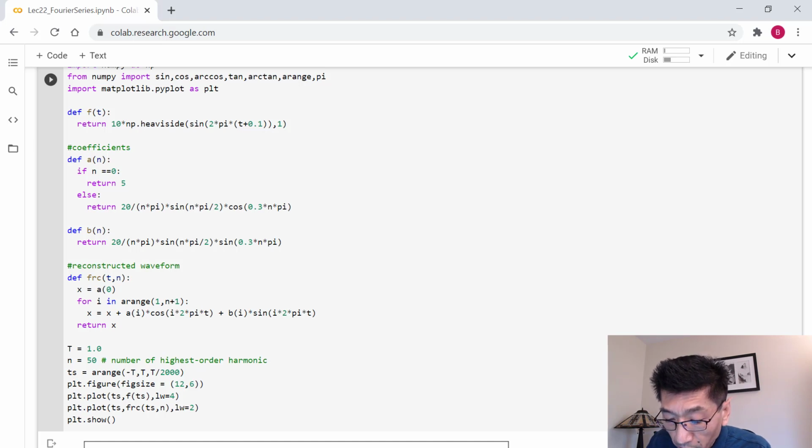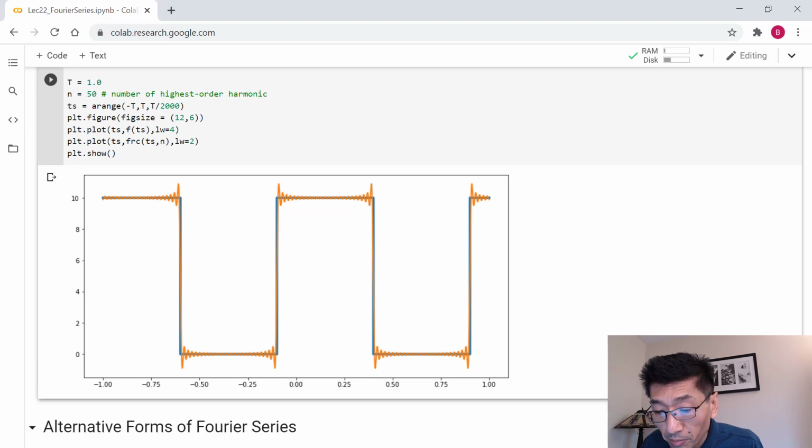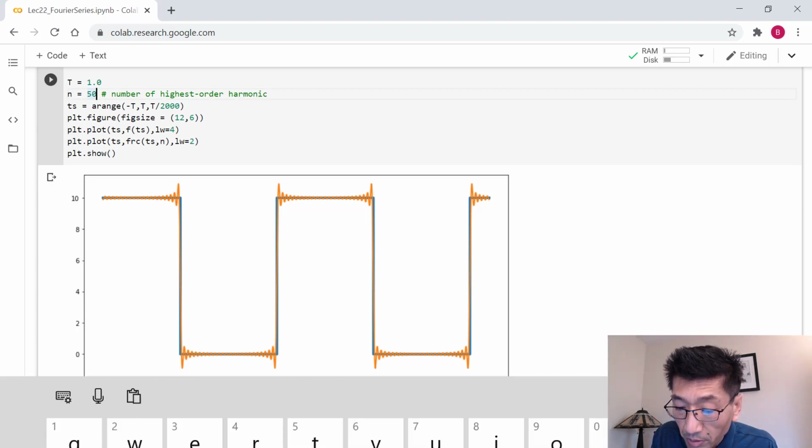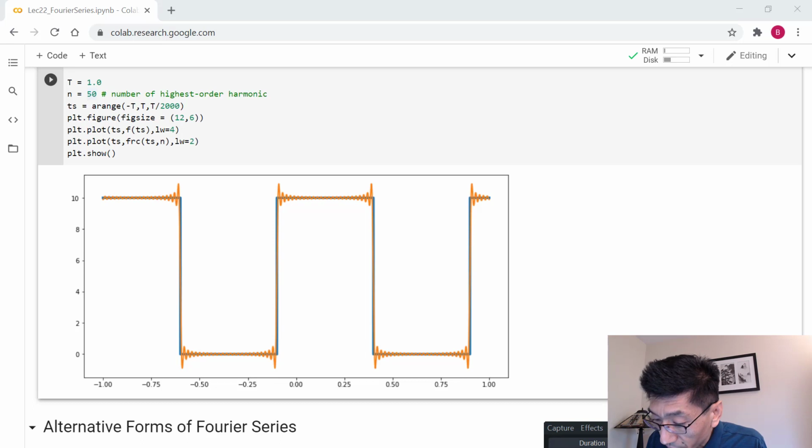And I'm going to reconstruct the waveform using a certain number of Fourier harmonics, and then we're going to see the waveform. So now I'm choosing 80, and if we want to choose a different number, we can. Let's try with a smaller number.